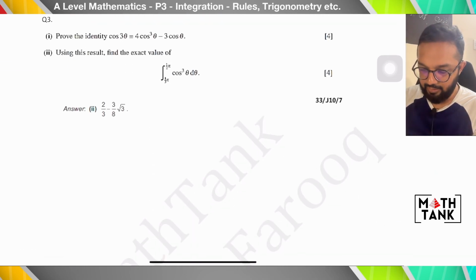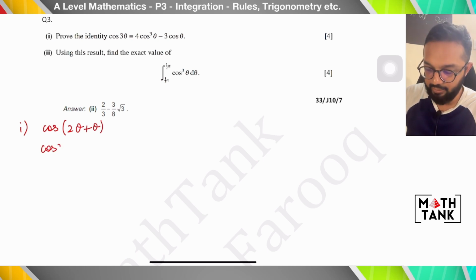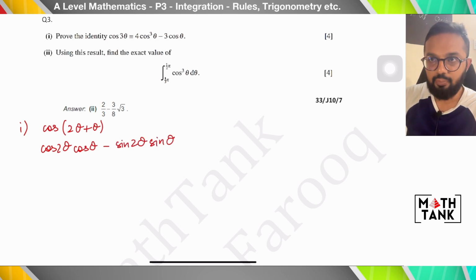Going on to the next question, again it's just prove that identity. I start proving. I remember that cos 3 theta cannot be done directly. You break it up into this and then you use compound angles. You say that cos 2 theta cos theta minus sine 2 theta sine theta. So I have 2 cos square theta minus 1.